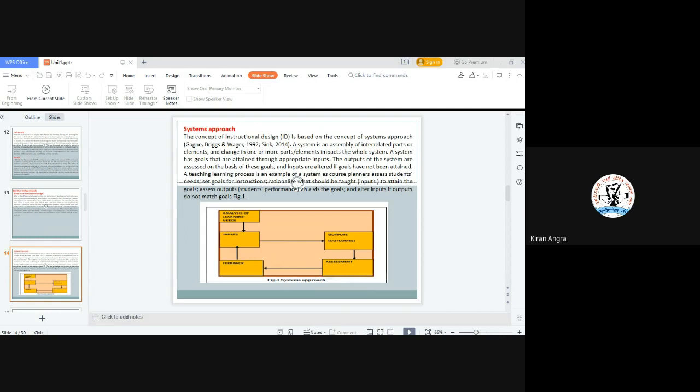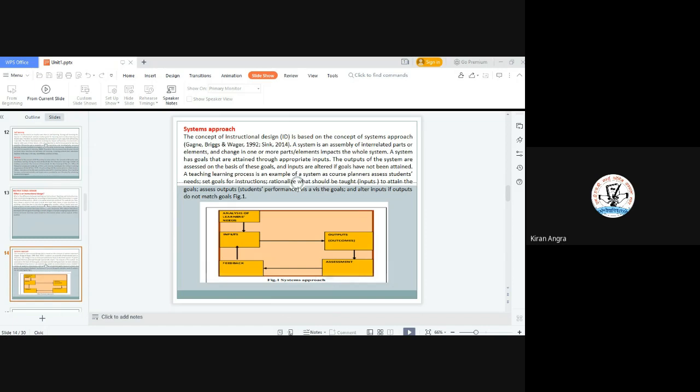Traditionally there has been a close association between the use of media for imparting instructions and ID. So when we plan this instructional designing, we start planning what technologies, which I have just discussed, will be used, which media will be used.